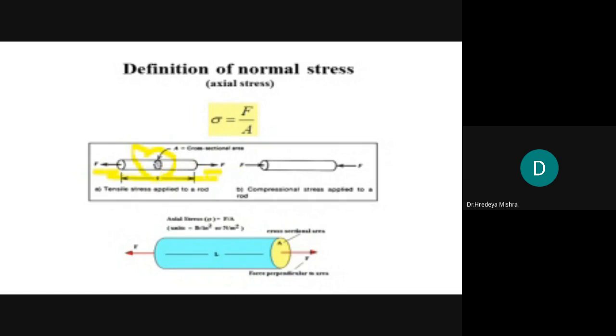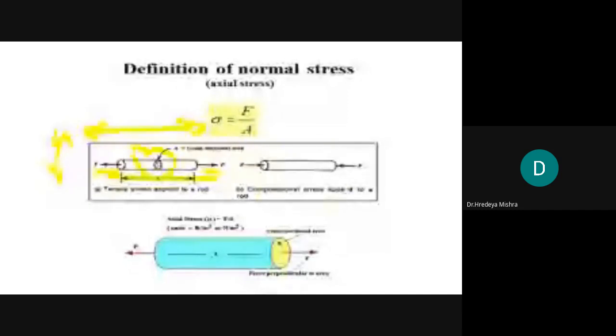The dimension in this direction will be increased, and in the vertical direction, what happens? The dimension will be reduced. Dimension increases along the direction of the applied force, and dimension is reduced in the vertical direction.